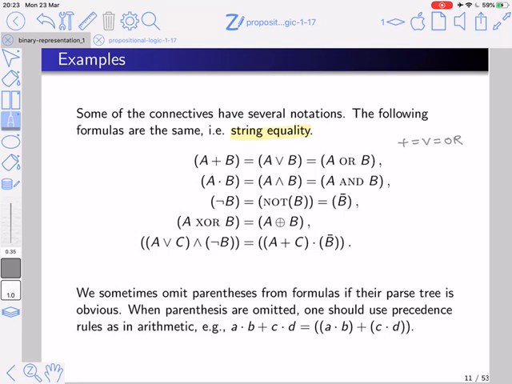Okay, I want to emphasize that very often we omit parentheses when we write formulas. And the reason is that we can apply precedence rules as we do in arithmetic. Therefore, a formula of the form a dot b plus c dot d, which actually means a and b or c and d, should be given these parentheses, and we know how to add these parentheses by applying the precedence rules in arithmetic.